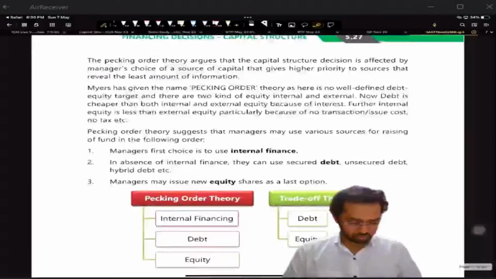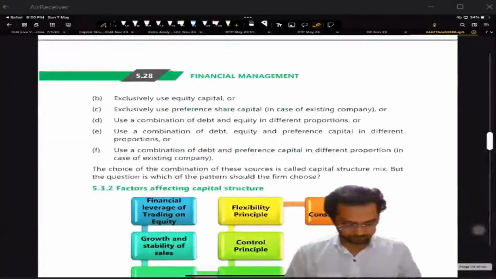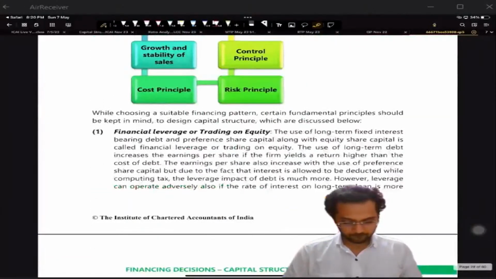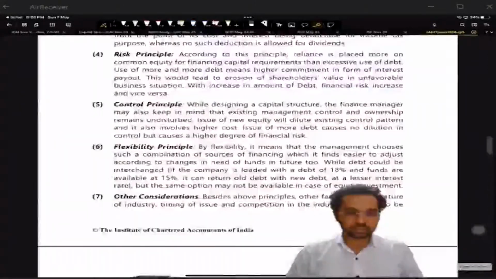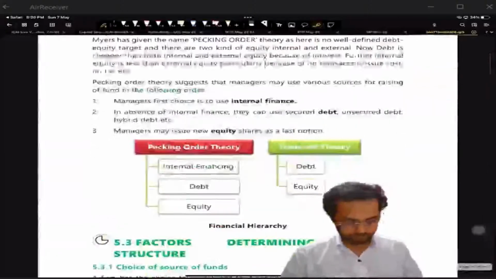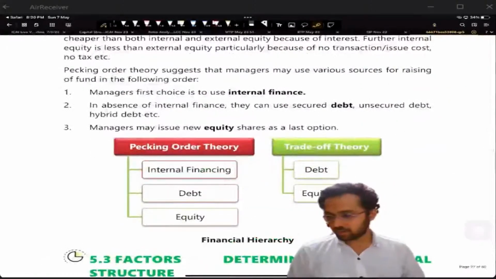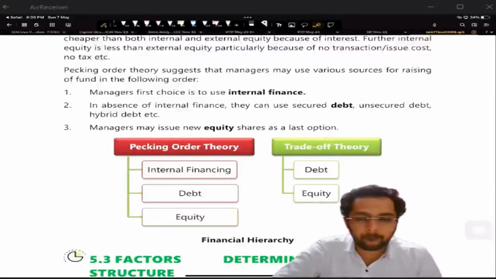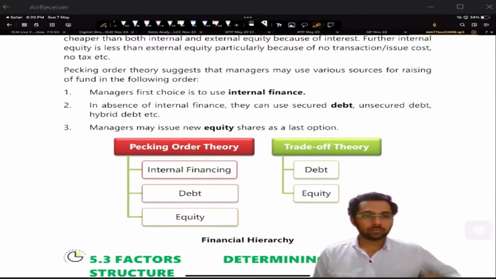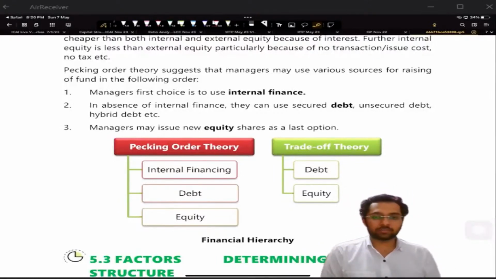So these are the two theories that we have. I hope that both the theories are clear to you. Is it clear, guys? The pecking order and the trade-off theory. Are we good with it?